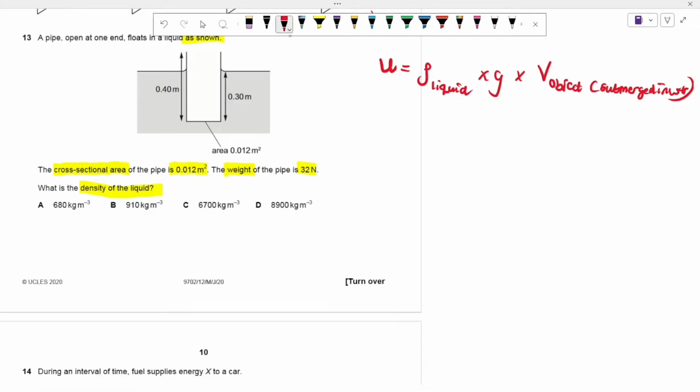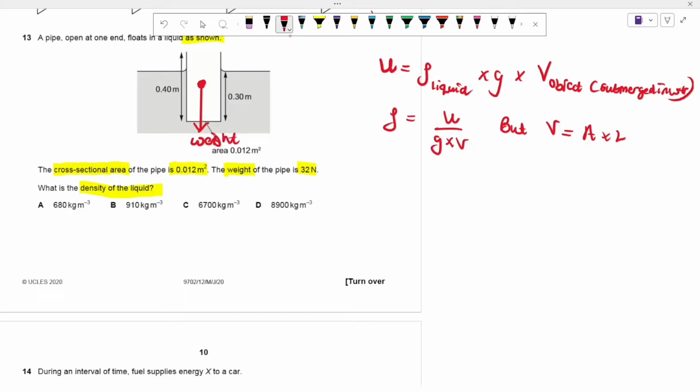So in this case, the density will be equal to the upthrust divided by G times V. I have already told you that your volume V is just equal to your area times the exposed length. But in this case, since it is stationary, there's a weight acting here, which is the weight of this object.